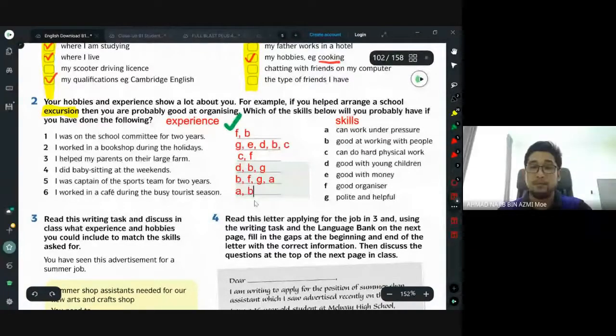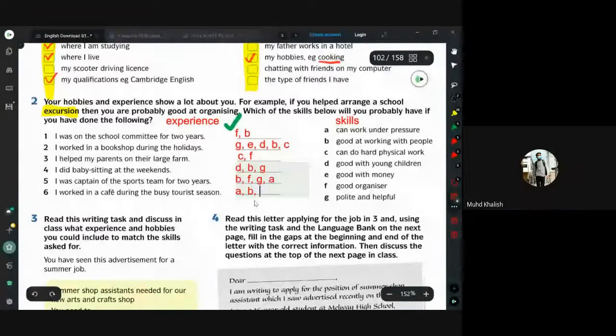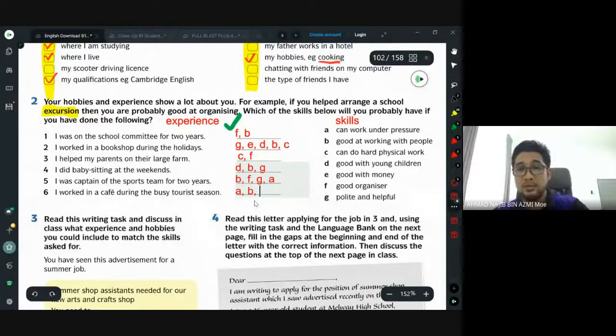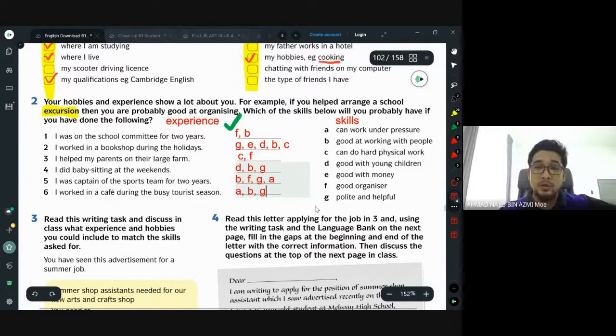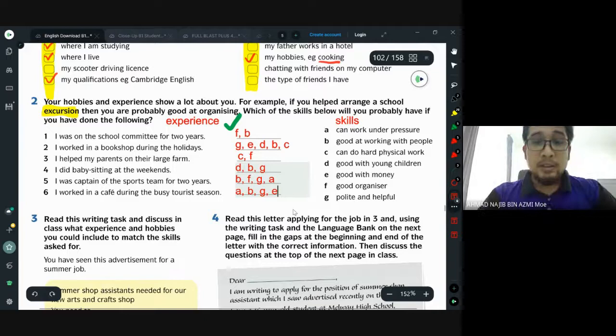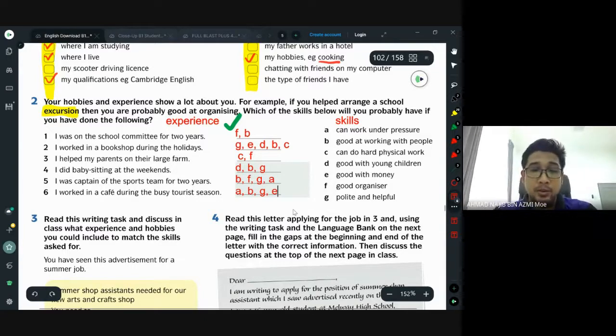Yep. Polite and helpful too, right? Young children, maybe not so much, I don't think. And I think E was good with money. Good with money, yes, maybe. If you're manning the counter, yeah, you need to be good with money.